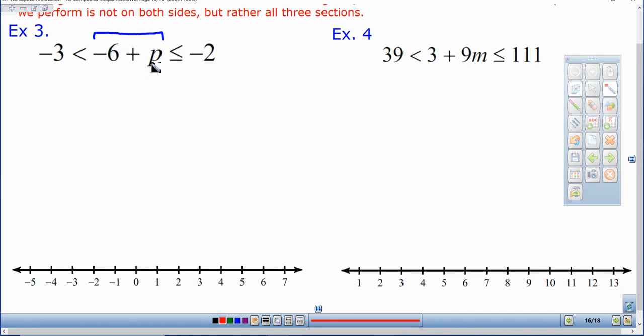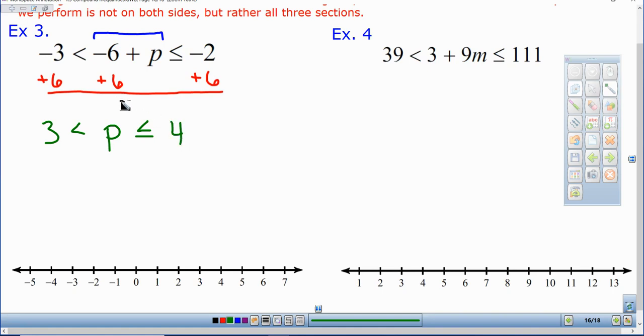So if I wanted p to be the only thing in here, I'd need to get rid of the -6. I would add 6, but I have to do this not only to the left side, but I'm going to do it to the right side as well, because we are basically solving two inequalities at the same time. And when it's set up like this, they will be the same steps. So we read this like a book. We're going to get 3 is less than nothing plus p, which is p less than or equal to 4. And this is your answer.